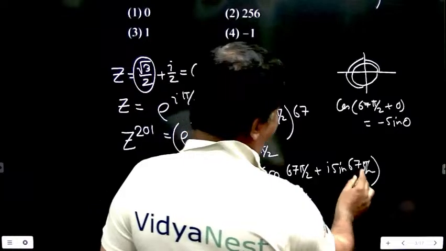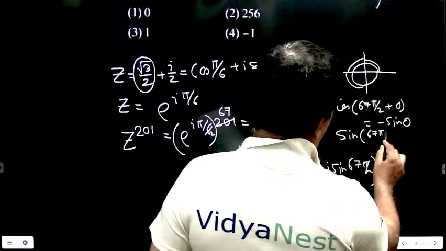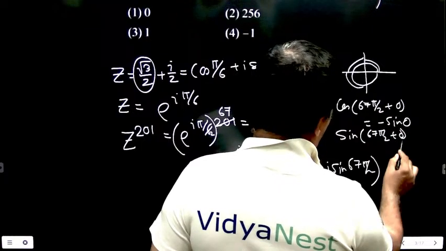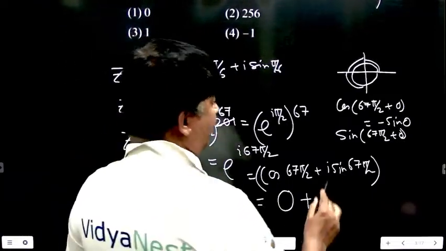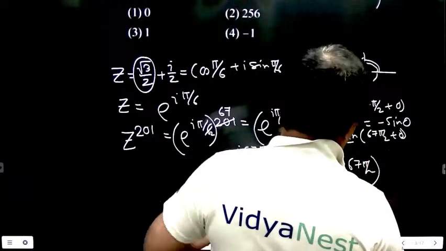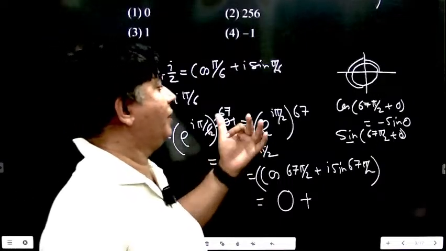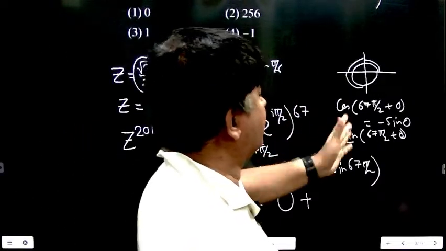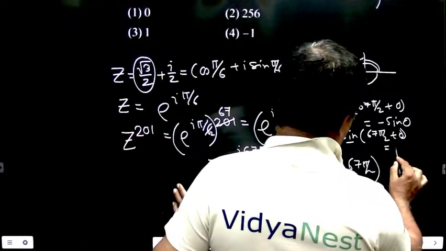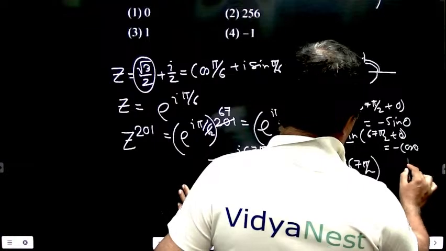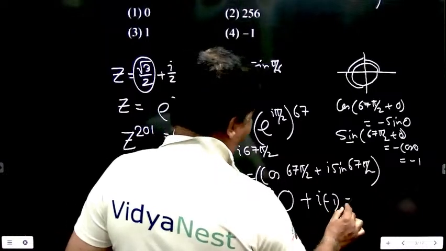And sin 67 pi by 2 means sin of pi by 2 plus 0, it comes to the fourth quadrant where sign is negative, either fourth or third. You can consider any quadrant, because plus 0 or minus 0 will not differ, but it will be minus cos 0. So minus 1. The whole thing is reduced to a simple term, minus i.